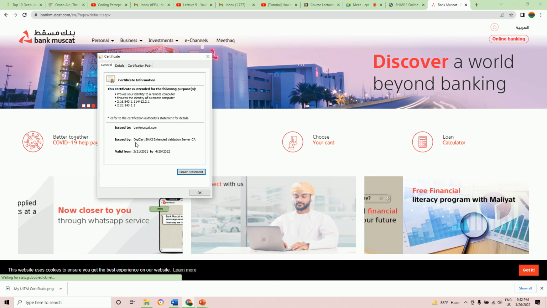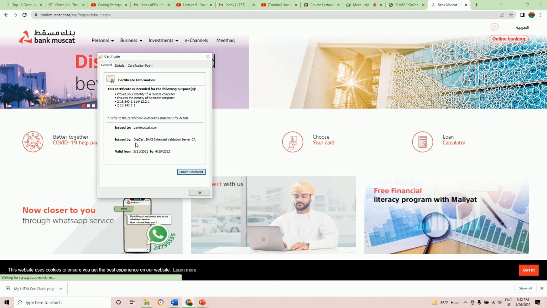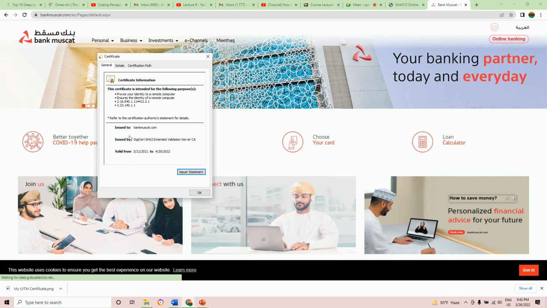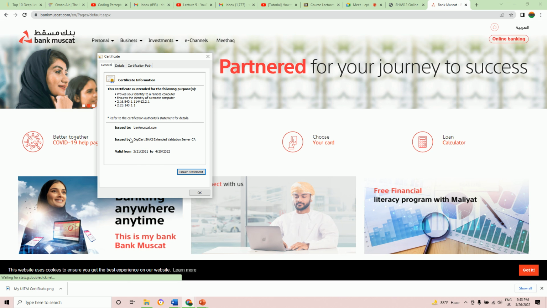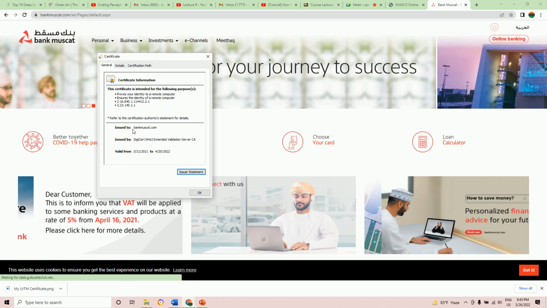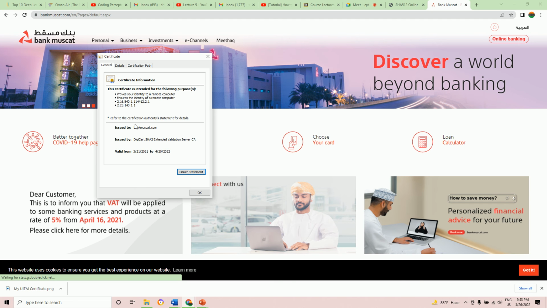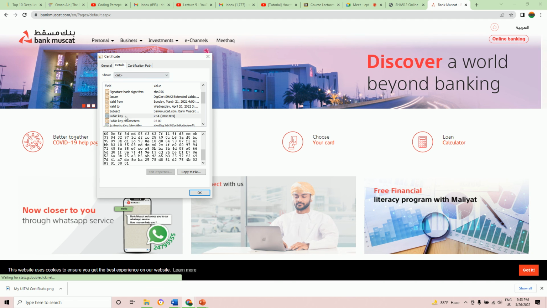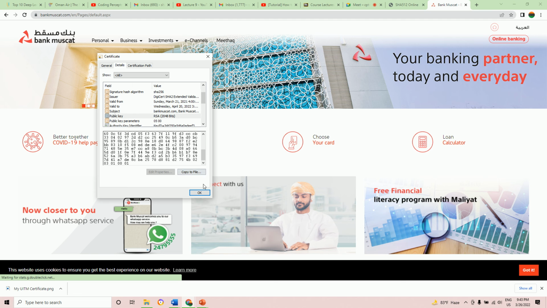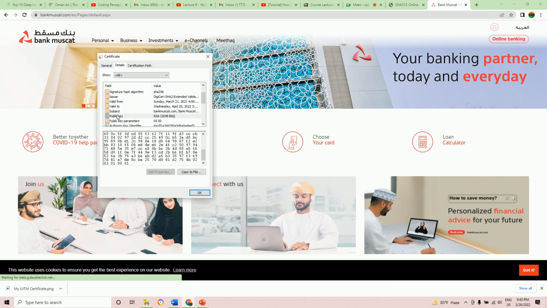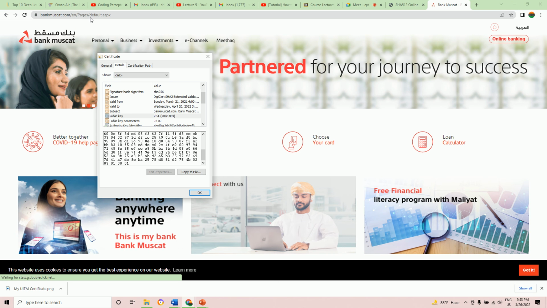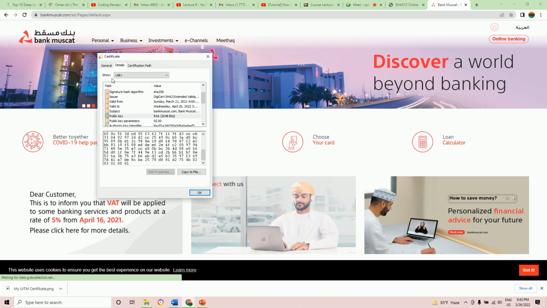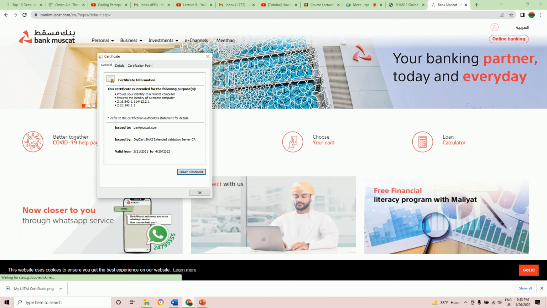This DigiCert can be called a certificate authority, a company which issues certificates to entities like Bank Muscat. Understand? So the certificate includes the public key of the entity as well as information about the entity, for example Bank Muscat, and it has been issued by the certificate authority.